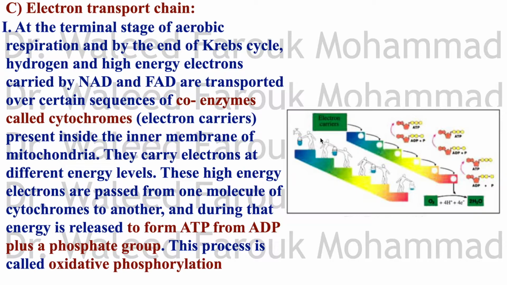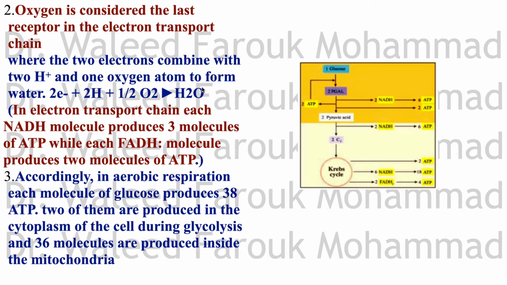So the NADH and the FADH2 resulting from the Krebs cycle will be moved down from one cytochrome molecule to another, producing ATP on the way, until it reaches the oxygen, which is the last receptor in the electron transport. Hydrogen and oxygen form water.